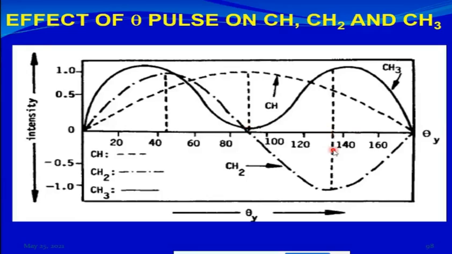What if we go for a DEPT 135 experiment in which the last theta pulse is of 135 degrees? So you can see here that the wave for the CH is positive, the wave for the CH3 is positive, and the wave for the CH2 is negative, which means that in DEPT 135, you will see positive signals for CH, positive signals for CH3, and negative signals for CH2.